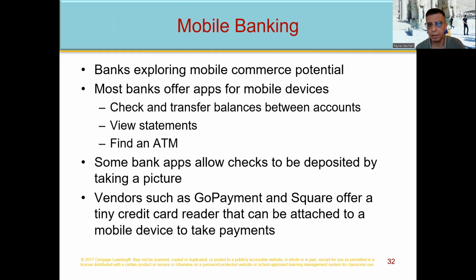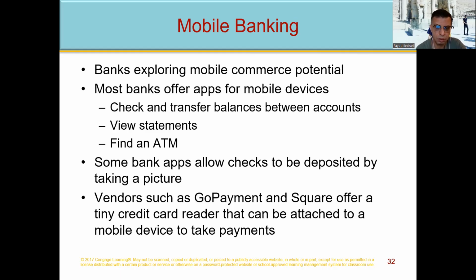Mobile banking. Banks are exploring mobile commerce potential. Most banks offer apps for mobile devices, to check and transfer balances between accounts, view statements, find an ATM, and make payments. All these can be done through mobile payment. Some bank apps also allow a check to be deposited by taking a picture of it.